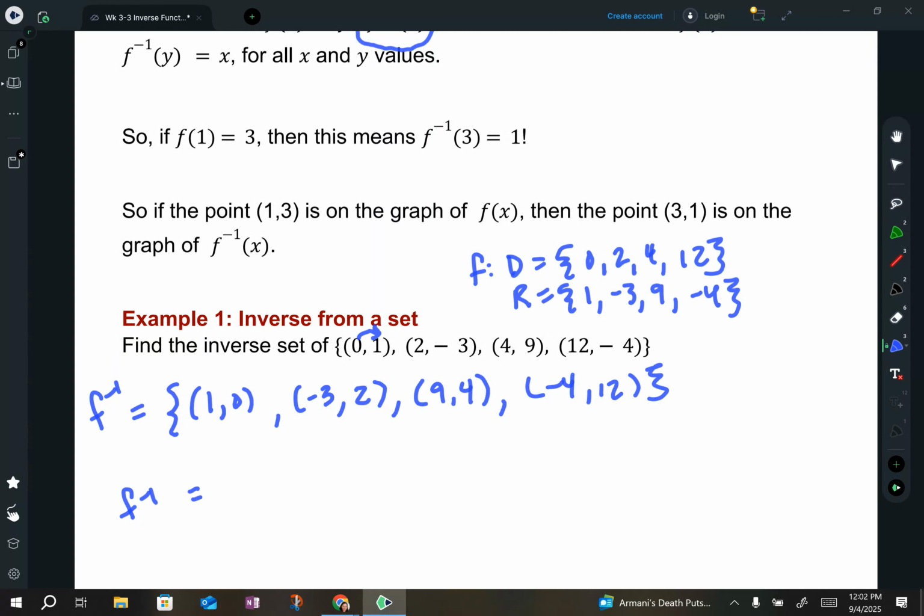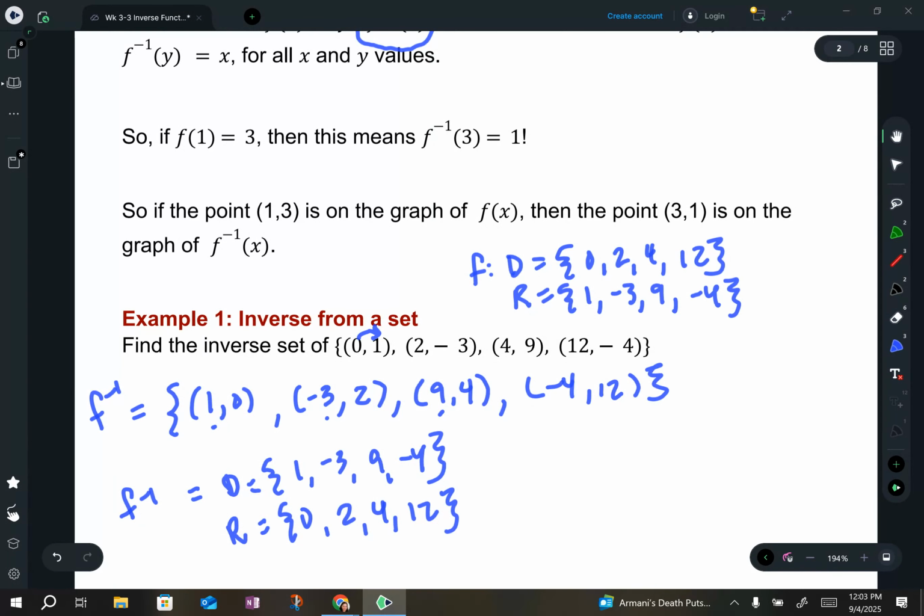In my inverse function, I would have the exact opposite, swapped domain and range. So my domain for my inverse function is 1, negative 3, 9, and negative 4. And my range is 0, 2, 4, and 12.